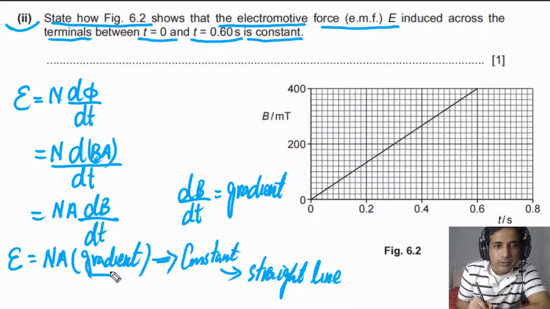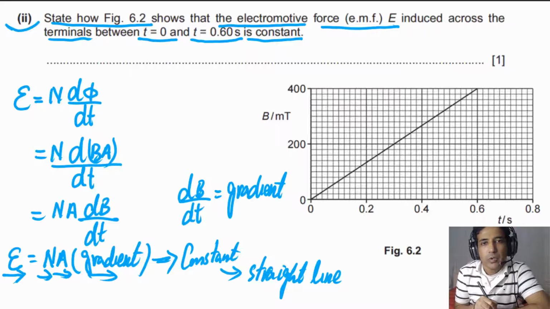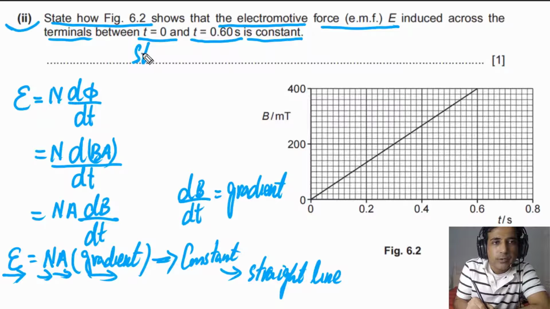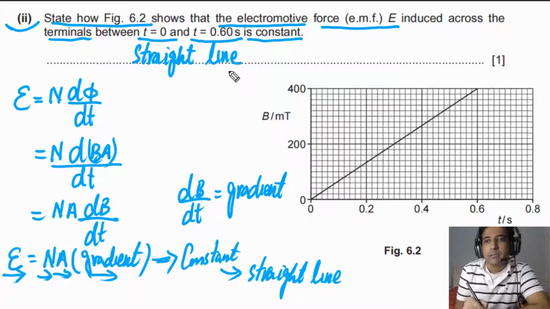If the gradient is constant, A is constant, N is constant, then induced EMF is also constant. So we need to write here, because it's a straight line graph, induced EMF is constant. This question has only 1 mark. If you have written straight line, you will get 1 mark. And this is the B mark.